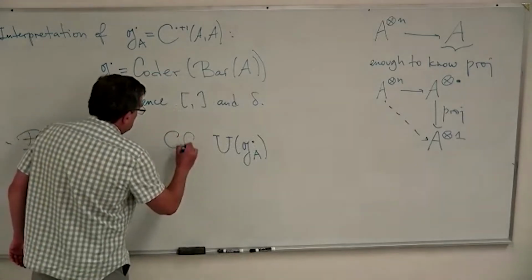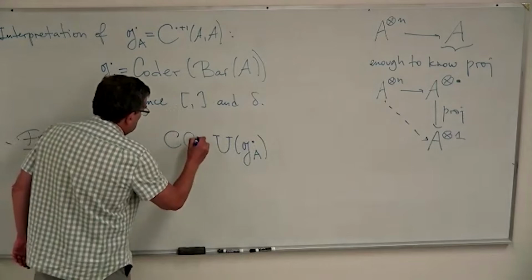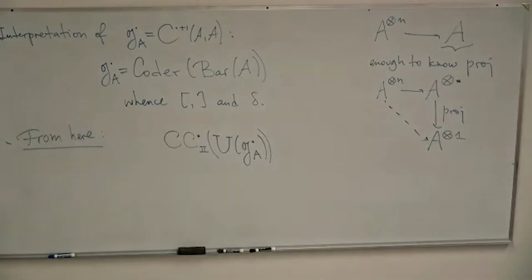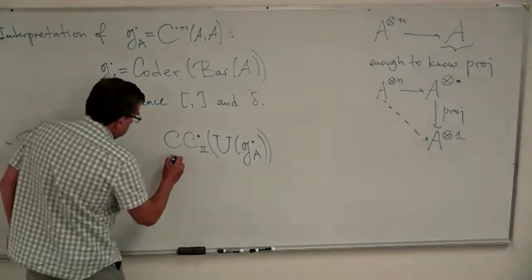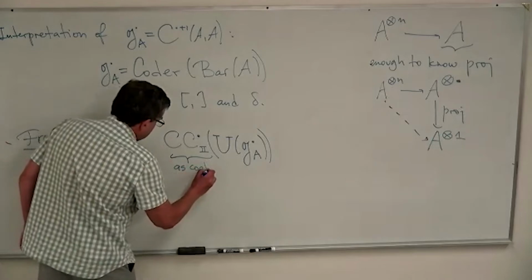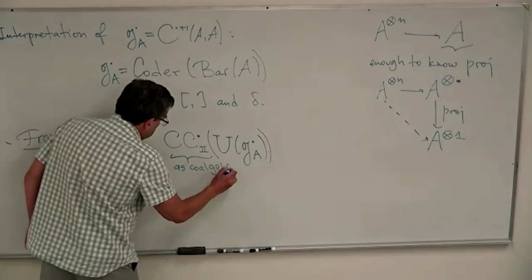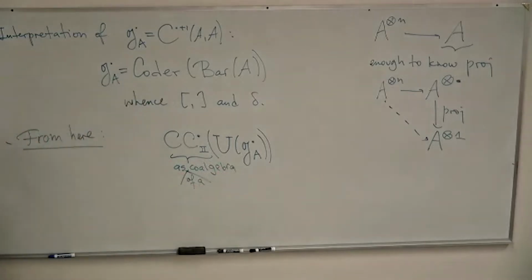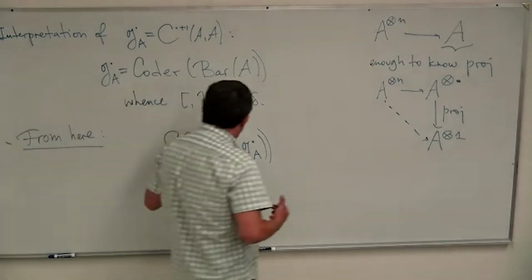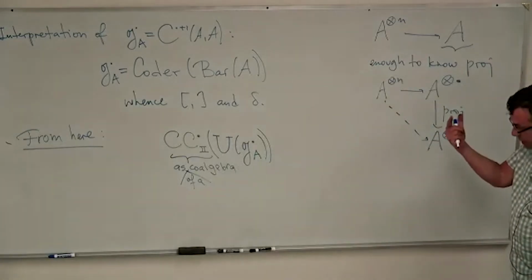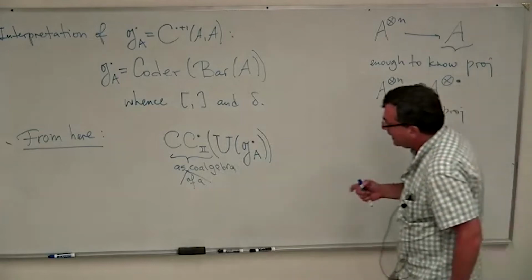Then treat it as a coalgebra and compute the cyclic cohomology, which is dual to cyclic homology.